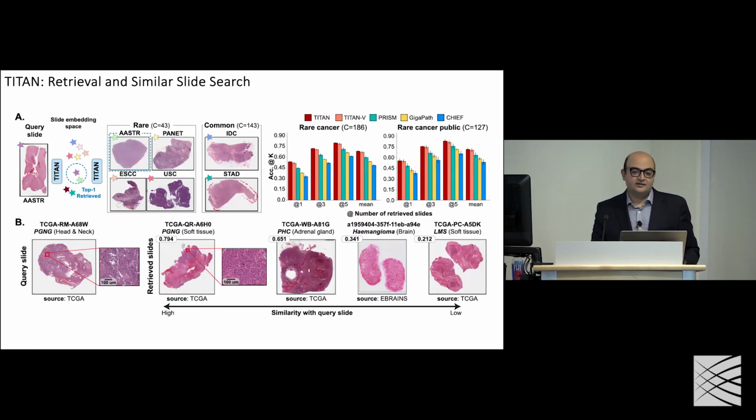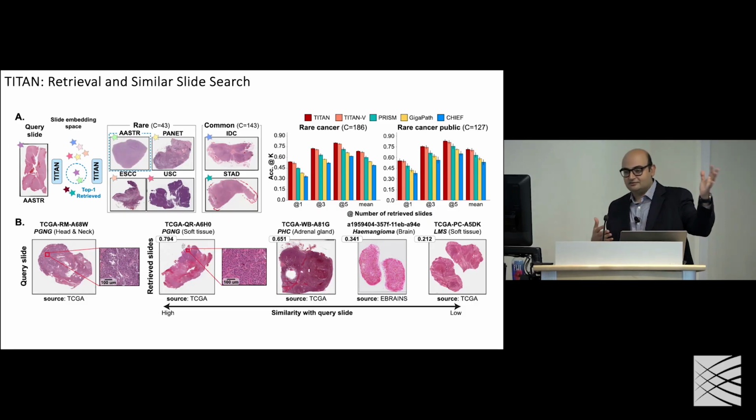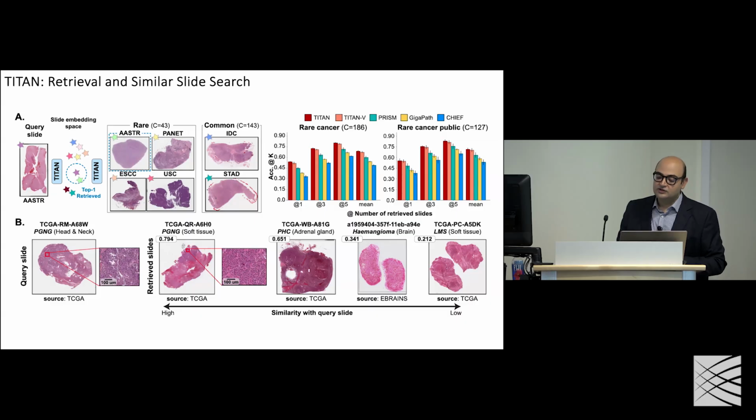And then retrieval and similar slide search. So this is something that's inherently done in pathology for rare disease. The typical workflow, unfortunately, is still that every major pathology department would have somebody who specializes in these kinds of rare diseases, and they would look at a case and try to compare it with an existing case or a case that existed a long time ago, and that comparative analysis would then lead to a diagnosis.